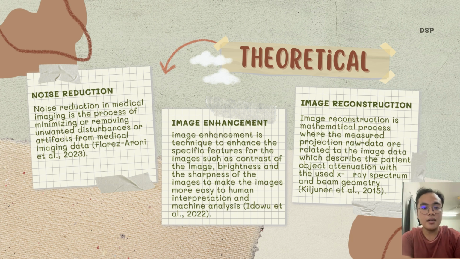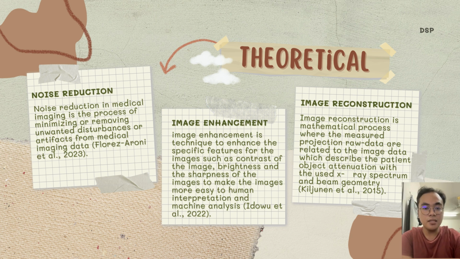In the theoretical part, I will explain 3 points, that is noise reduction, image enhancement, and image reconstruction. So noise reduction in medical imaging is the process of minimizing or removing unwanted disturbance or artifacts from medical imaging data.